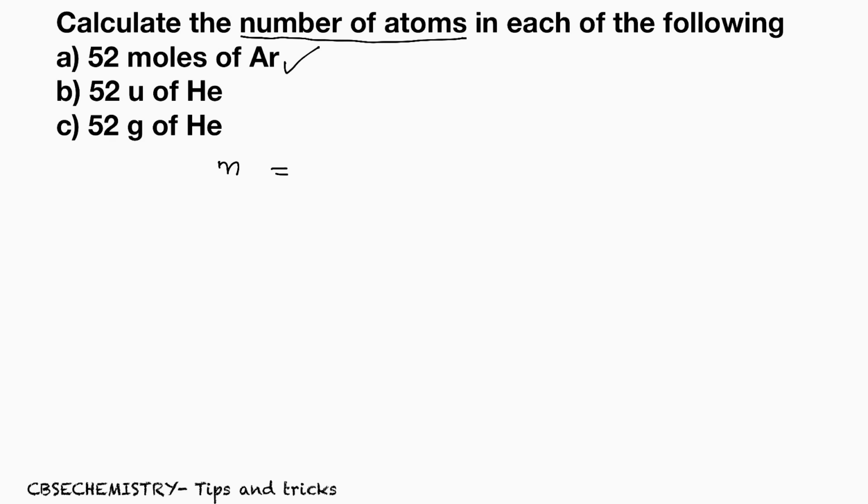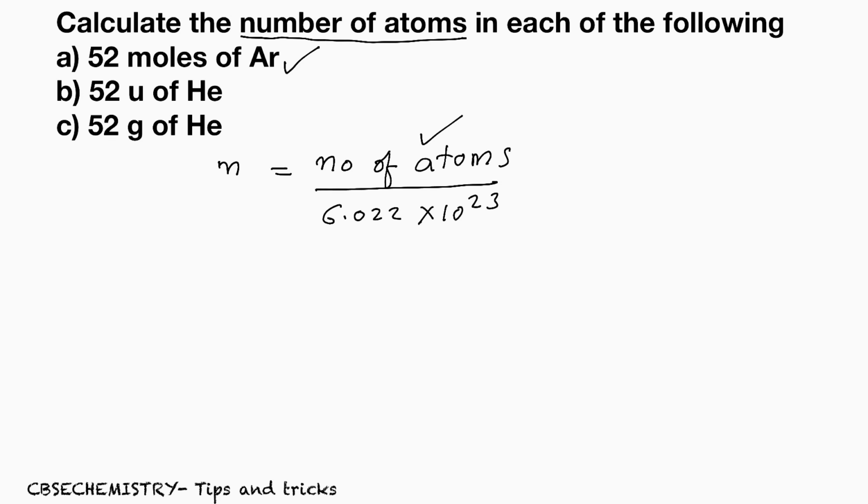Number of moles is equal to number of particles, here it is atoms, by Avogadro number. Correct? Now what we have to find? Number of atoms. So write the equation for that. Number of atoms is equal to number of moles into Avogadro number.